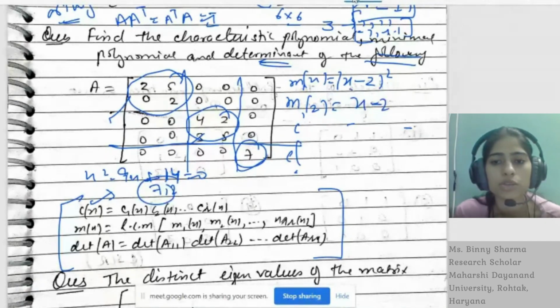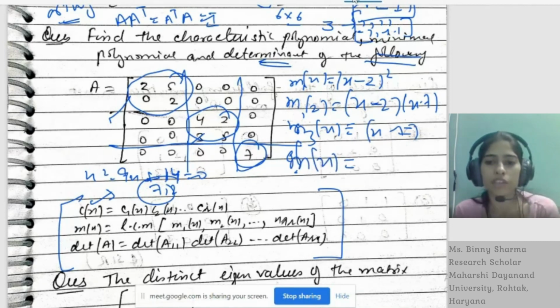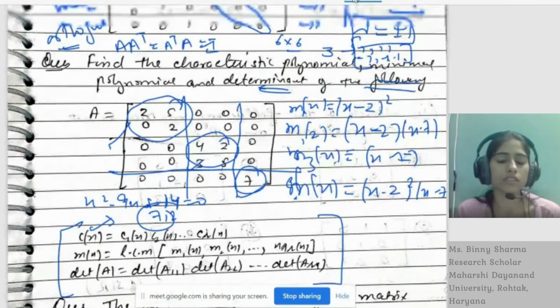So (x minus 2)(x minus 7), and m3(x) equals x minus 7. Now we have to find the minimal polynomial of the whole matrix A, that is by taking the LCM of these m1, m2 and m3(x), that is (x minus 2) square and (x minus 7).